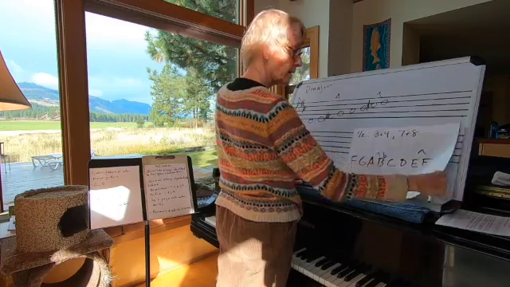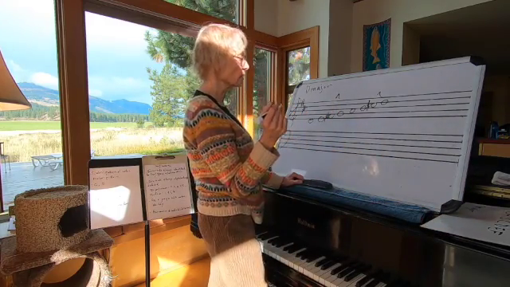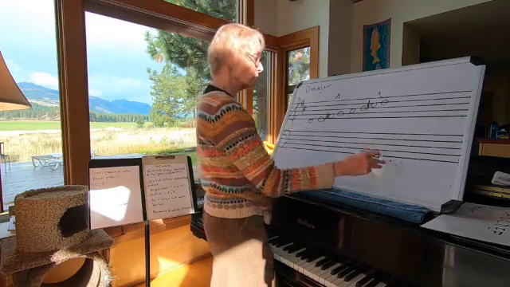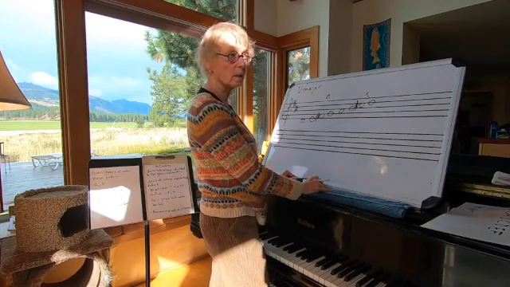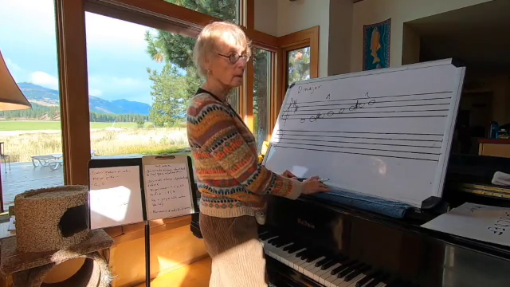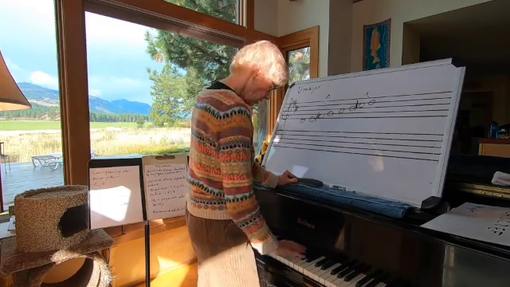So the next thing, and the last thing we're going to do, and we're not going to spend a lot of time with minor scales, but you do need to know that every major key has a relative minor key that uses the same exact notes. Here's our D major.